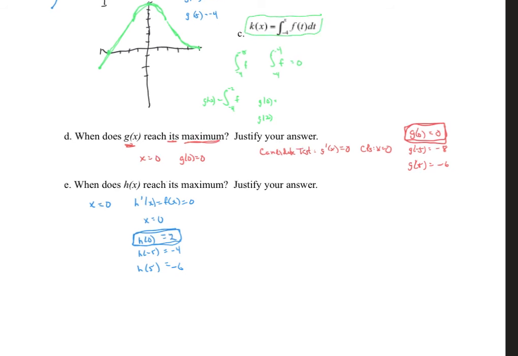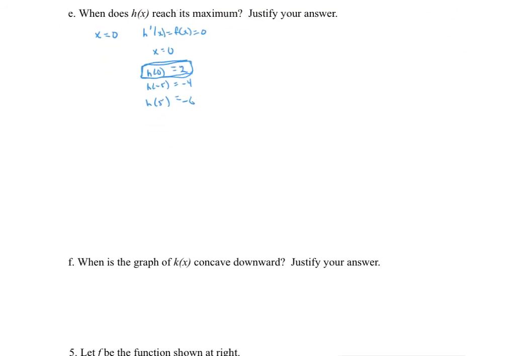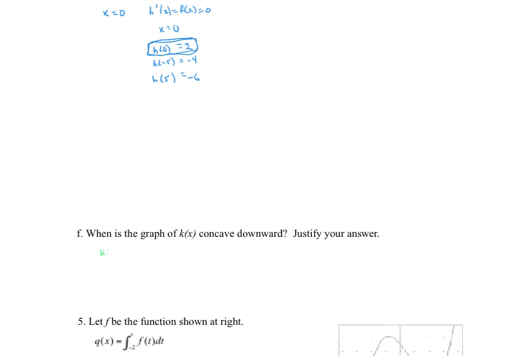So k of x will be concave down when k double prime of x is negative, and that will be when k prime of x is decreasing. So k prime of x is f of x. So the question becomes, where is f decreasing?